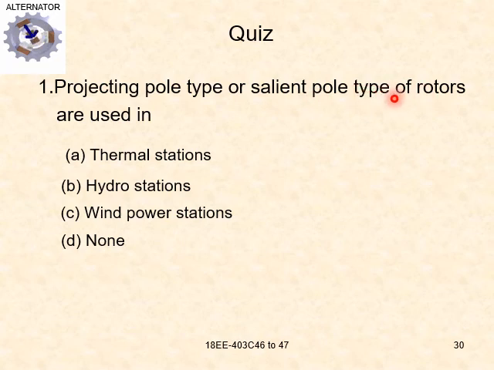Salient pole types run with less speed, so that is hydro stations. We can guess the answer as hydro stations. Let us see. Yes, that is hydro stations.